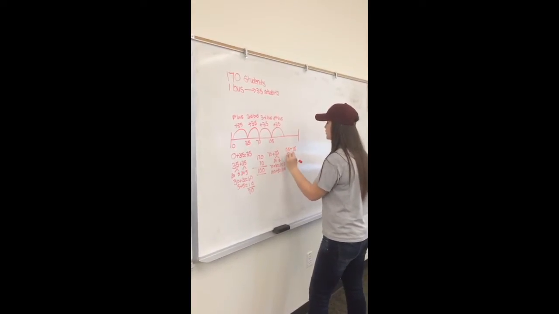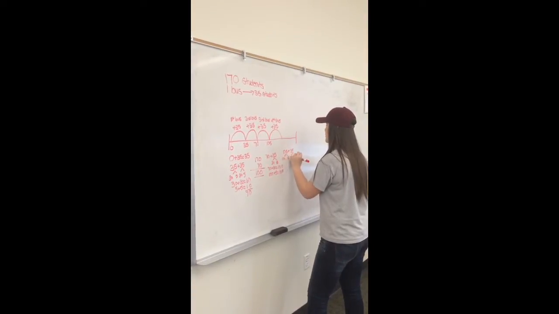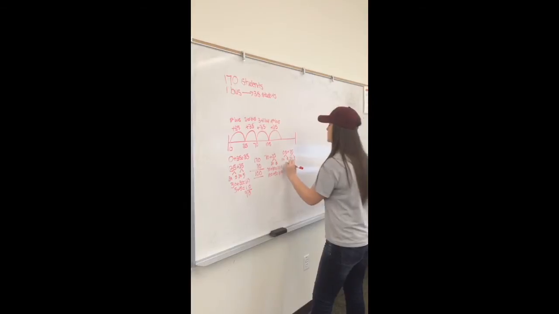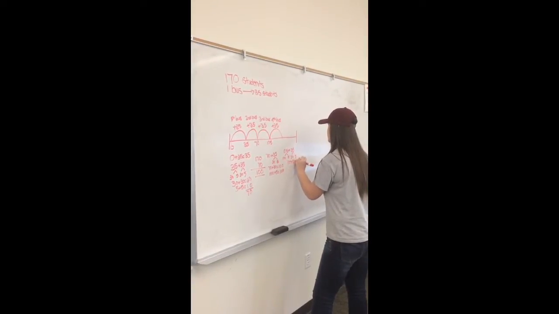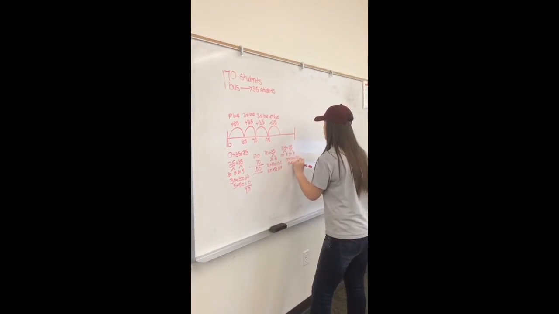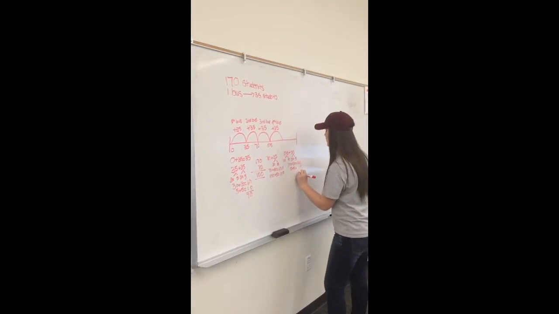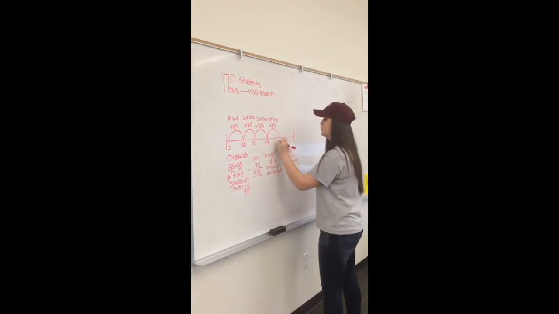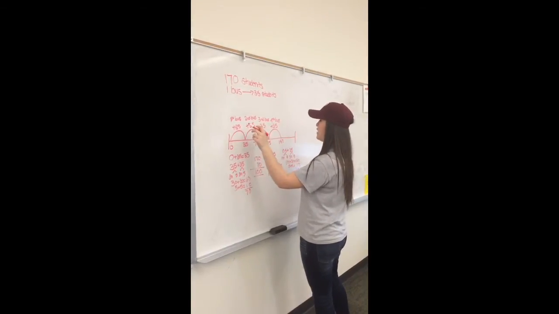We're going to break down 105 into 100 and 5 and our 35 into 30 and 5. Friendlier numbers. Add together our 100 and our 30, which gives us 130. Add together our 2 5s, which gives us 10. So now we have 130 plus 10, which gives us 140 seats that our 4 buses have.